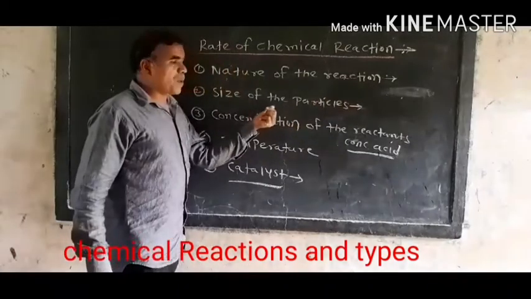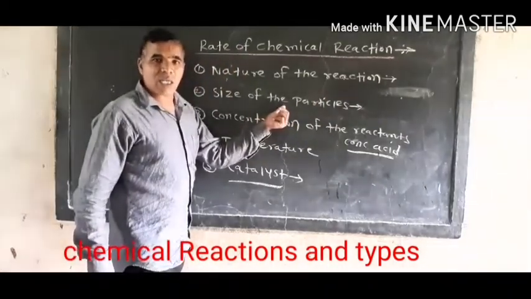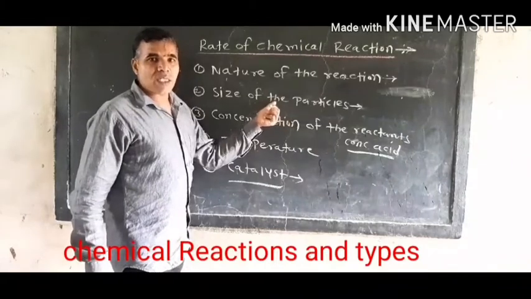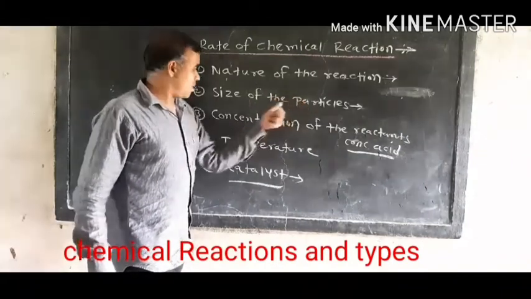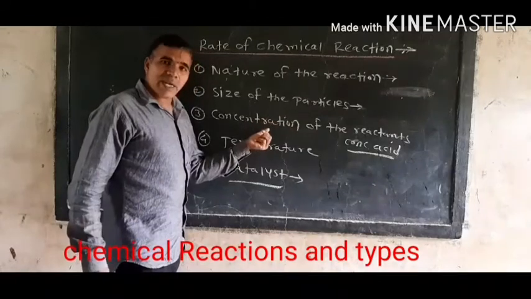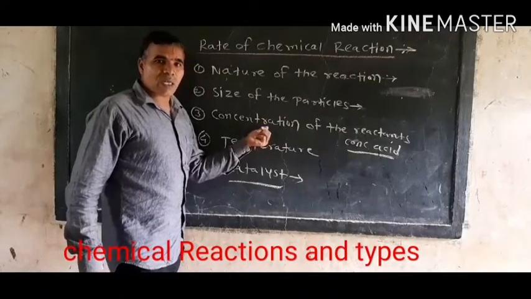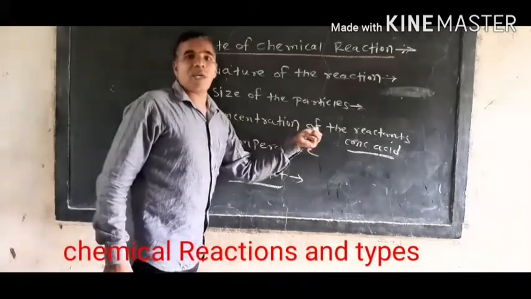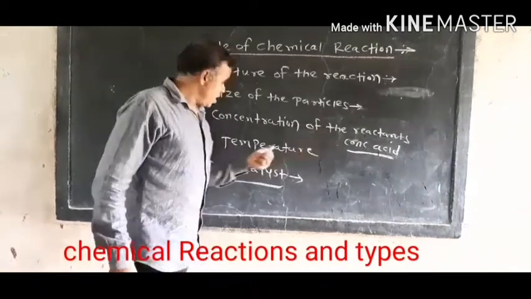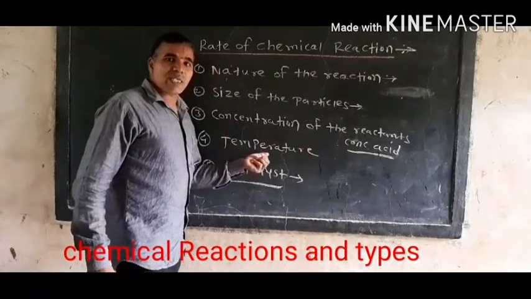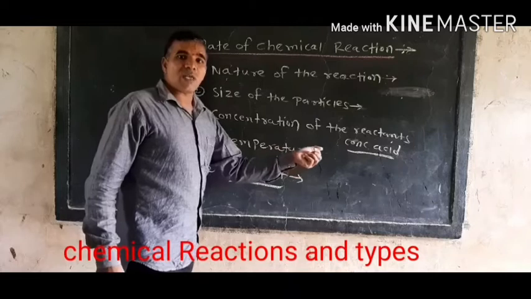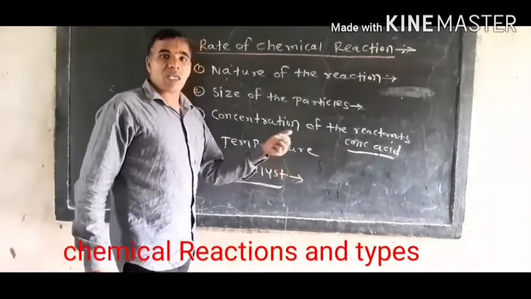Number 2, size of particle: smaller the particle size, faster the chemical reaction. Number 3, if concentrated acid is used in a chemical reaction, the chemical reaction is faster. Temperature: if temperature is increased, the chemical reaction is also faster.